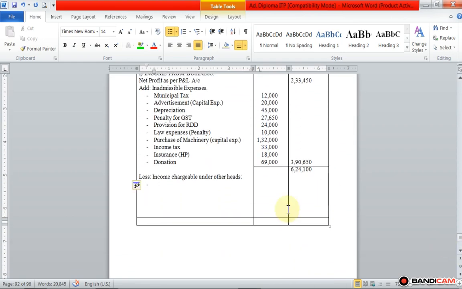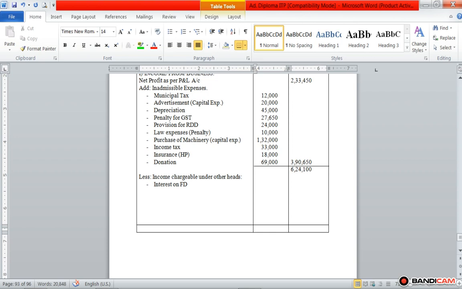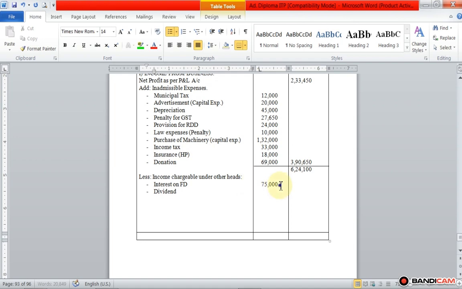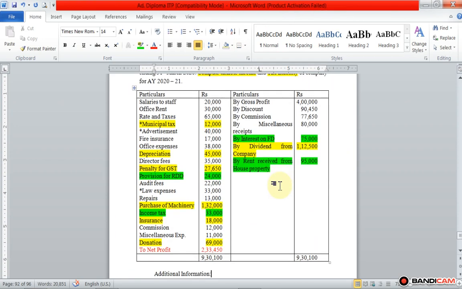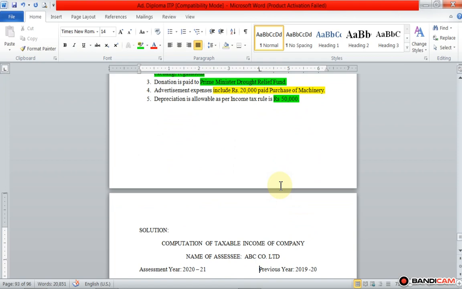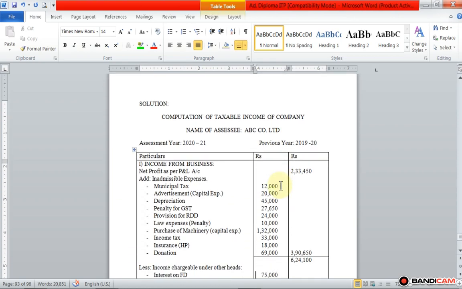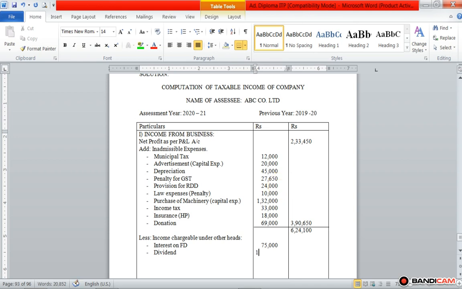Interest on FD amounted to rupees 75,000. Then dividend amounted to rupees 1,12,500.